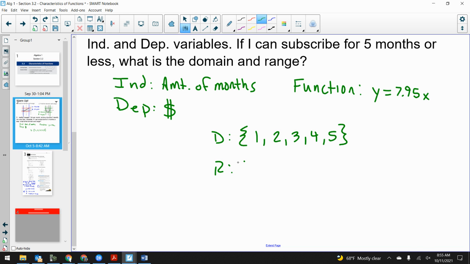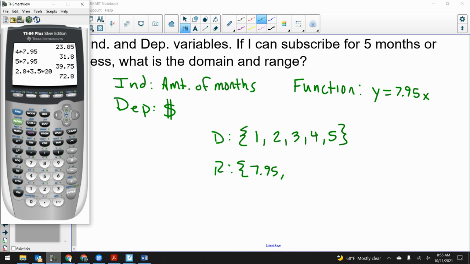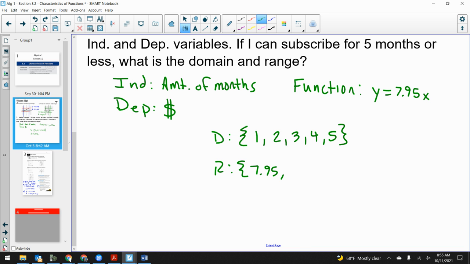Now, for my range, I've got to plug those values in. So 1 month is $7.95. 2 months, I think I got them up here. Oh, not anymore. 2 months would have been 2 times 7.95 is 15.90. 3 months.